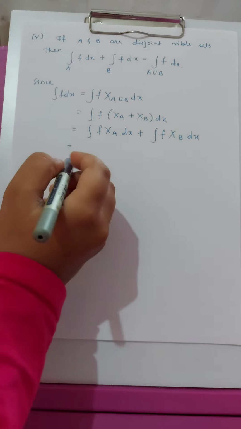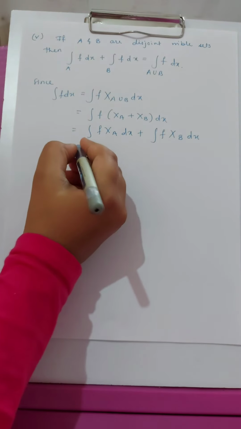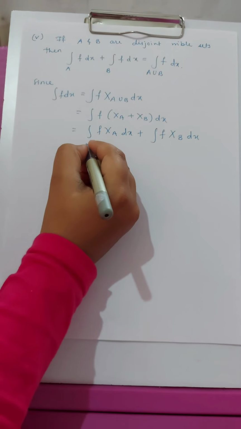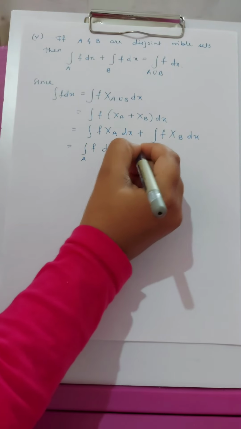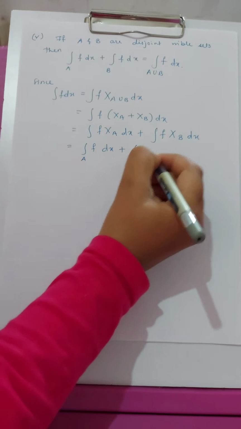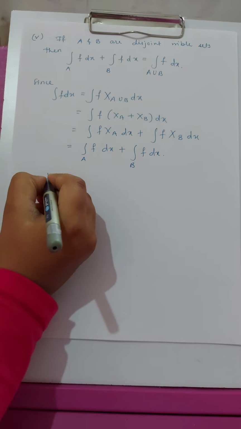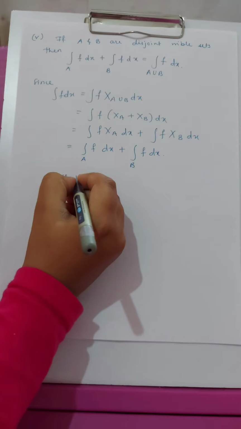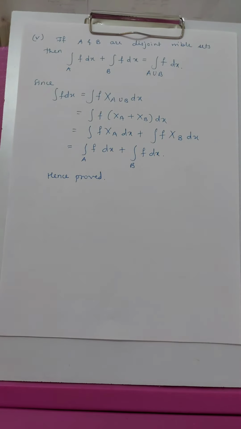So by definition of integral over a measurable set E, we have integration of f over the measurable set A dx plus integration of f over the measurable set B dx. So here the fifth condition is proved, and hence all the 5 conditions of this theorem have been proved.